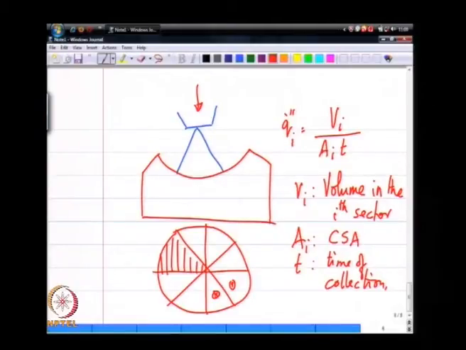So, this is a patternator that measures the degree of axisymmetry of the spray, or degree of uniformity of the spray in the azimuthal direction.